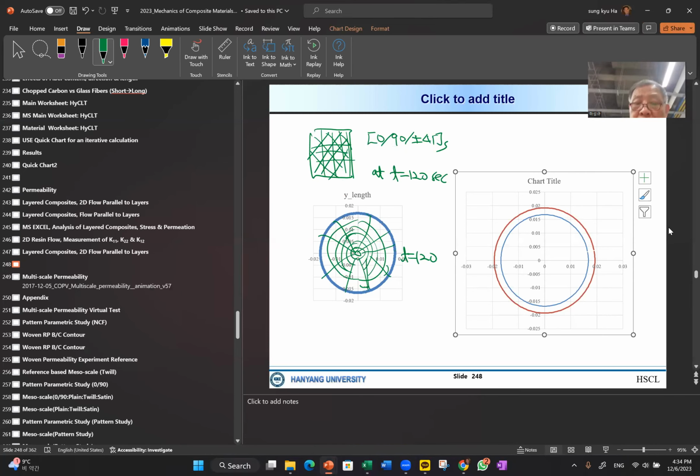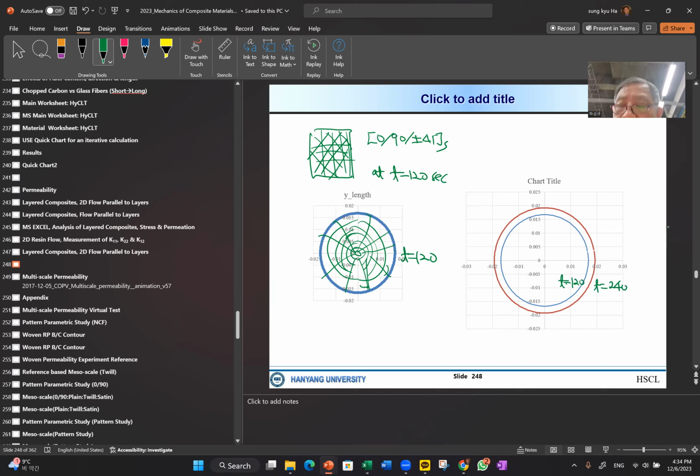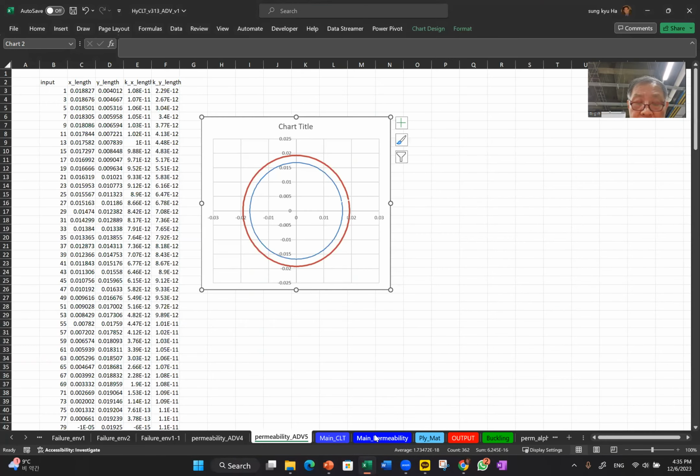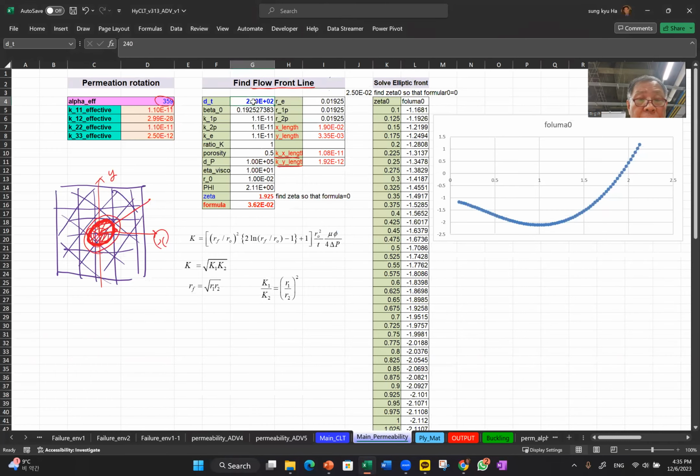It means that the blue line was time equal 120, and this one was time equal 240, which we just entered here. As you can see, we entered 240.